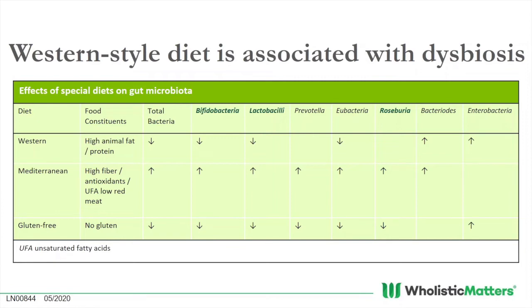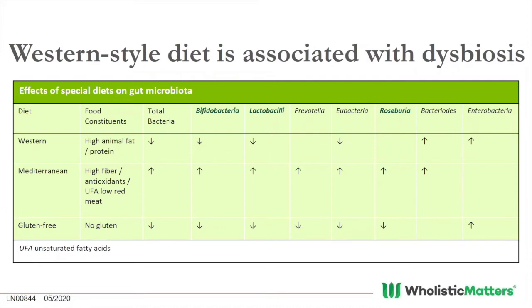Good bacteria, you see bifidobacteria, lactobacilli, those are dramatically reduced in people that have a Western-style diet. There's also an increase of other species, and then the proportions start to change wildly, and you can see a very diverse phylum like the Bacteroides really start to predominate over the rest. There are many different ways that it can happen, but when you look at it globally, these are a lot of the really big commonalities that you see with a Western-style diet.